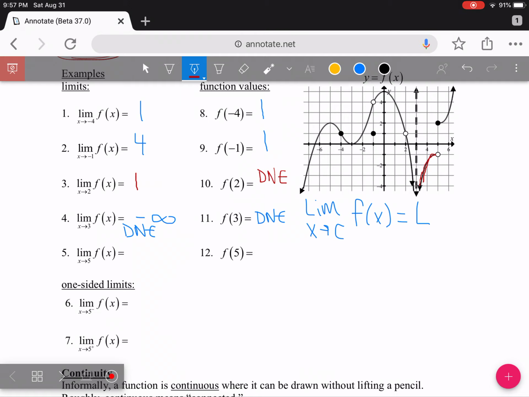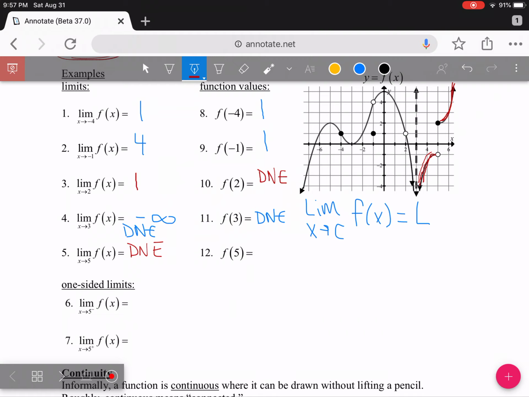Well, this other person is also walking on the function, approaching x equals 5, but they're getting really close to positive 2. In fact, these people are never going to meet, right? If this person keeps walking and this person keeps walking, and they stop really, really close to x equals 5, they're not anywhere near each other. So there actually is not a limit as x approaches 5, so that one is also a does not exist.